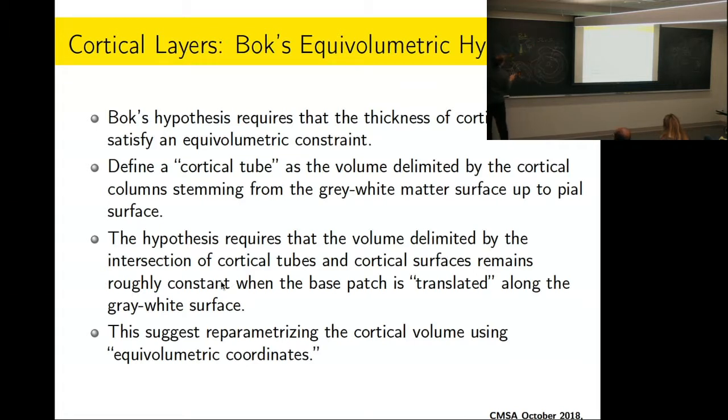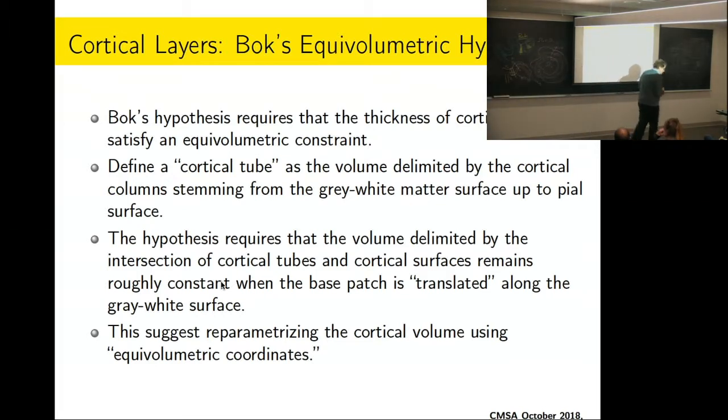So the assumption made in this hypothesis of Bok is that when you take the same surface area on different parts of the cortex, then the volumes of the intersection of the cortical tube and the given layer should be constant.